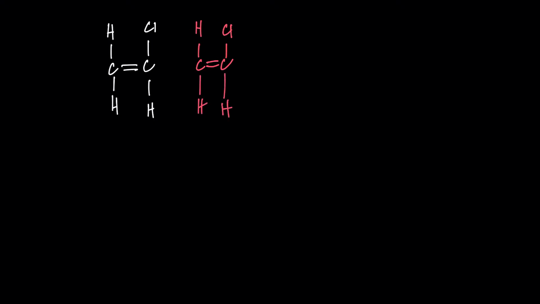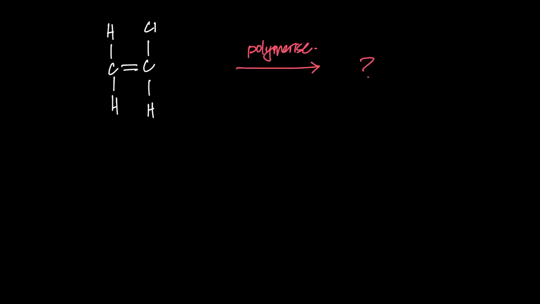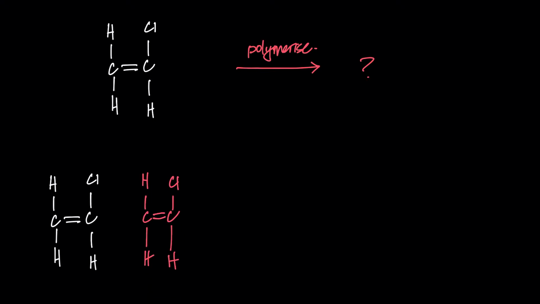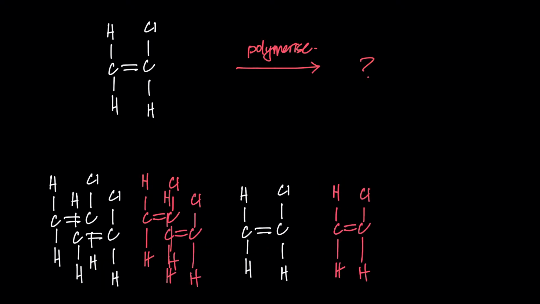If you have a molecule that has a carbon-carbon double bond, understand that that molecule can undergo addition polymerization. So this monomer, I want to polymerize. What I do is I take a lot of these, group them together and duplicate, so I make so many of them.